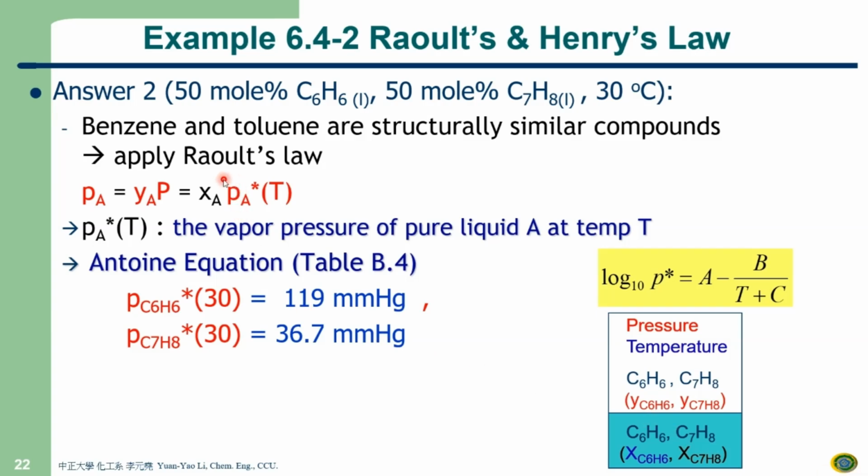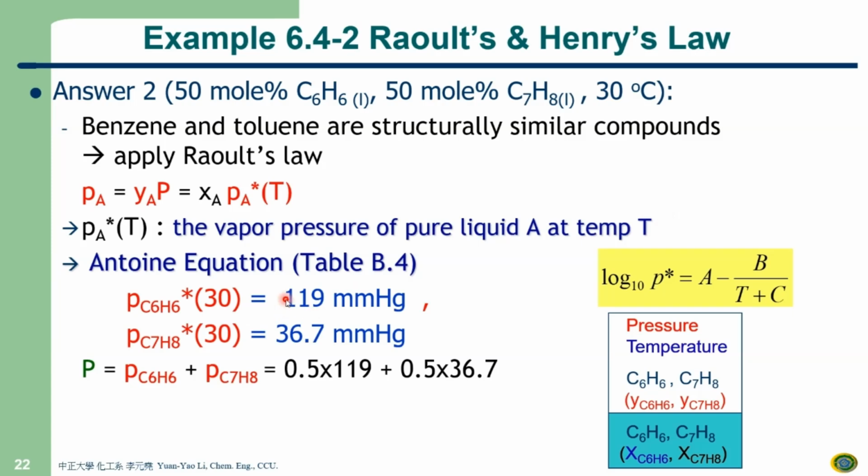In order to get the vapor pressure, you can use Antoine's equation, or you can find the Cox chart. You can use another equation if you want, but it will be easier to use Antoine's equation. So you get this number, and you don't know the total pressure, but you know the fractions.